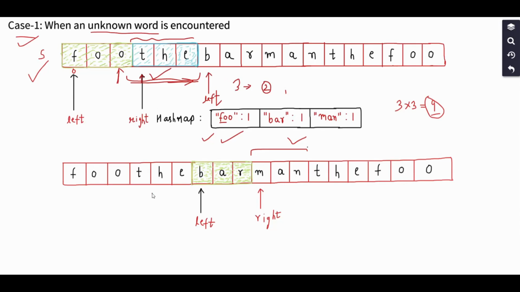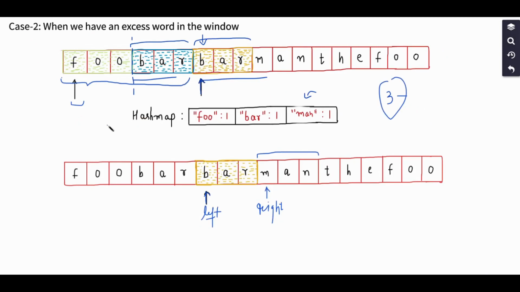This is case number 1. In case number 2, when we find a repeating word, we initialize our left pointer to the starting of the repeating word, as we did here. So this is the strategy with which we would be solving this problem.